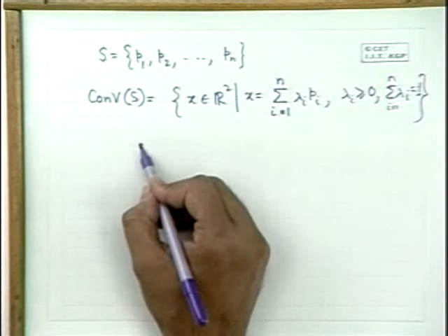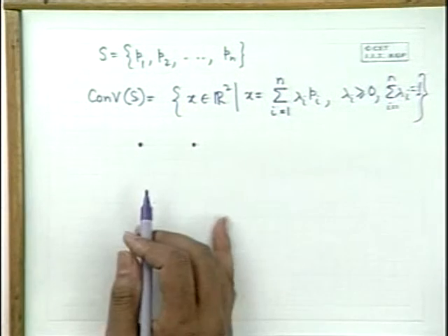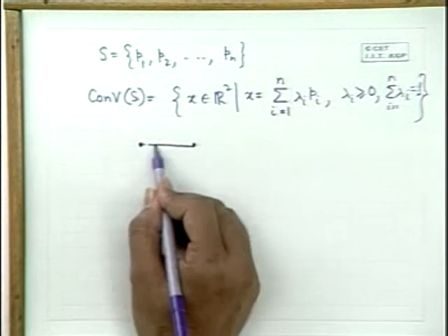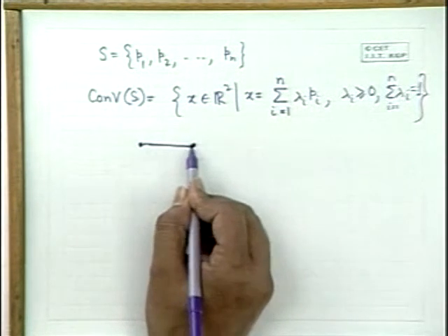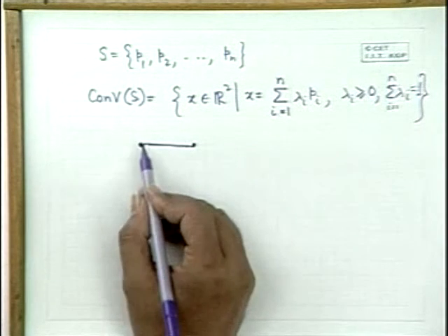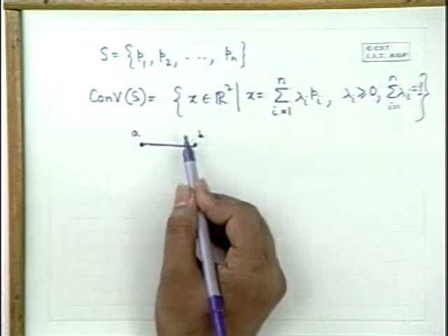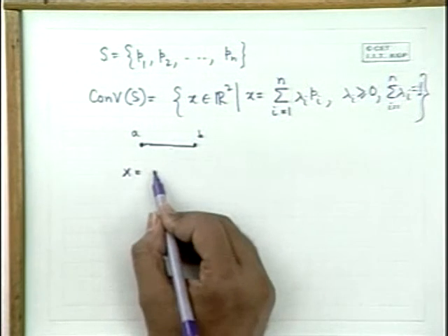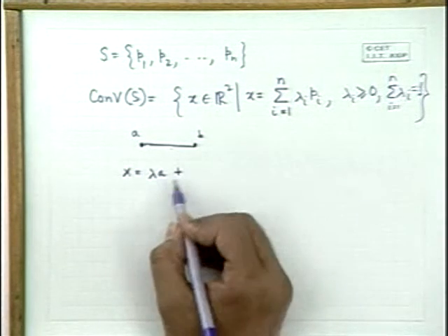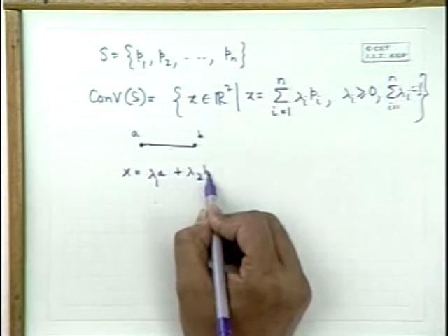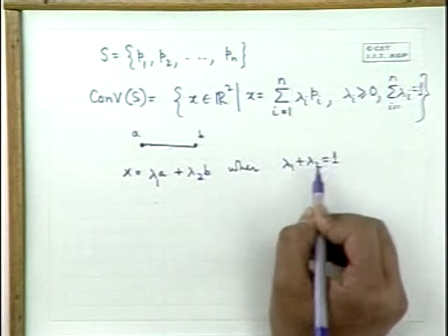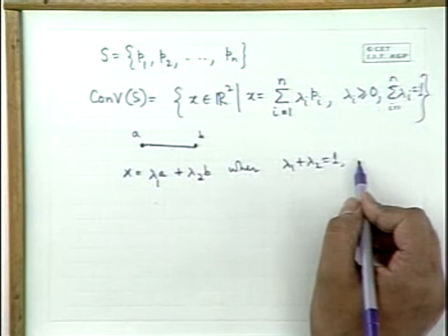So if there are 2 points, what is the convex combination of these 2 points? It is nothing but all the points lying on the segment joining them. If there are 2 points, say A and B, any point X you can always write as lambda 1 A plus lambda 2 B, where lambda 1 plus lambda 2 is equal to 1 and each lambda i is greater than or equal to 0.